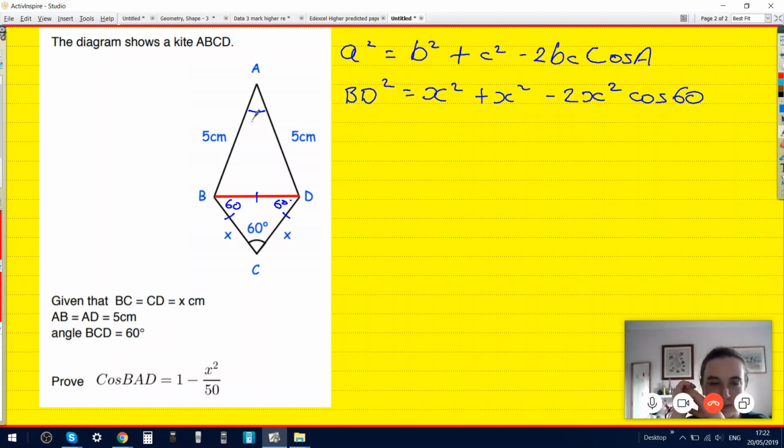Now do cos rule for BAD. So cos A equals. No, just do like A squared. So like BD squared again.